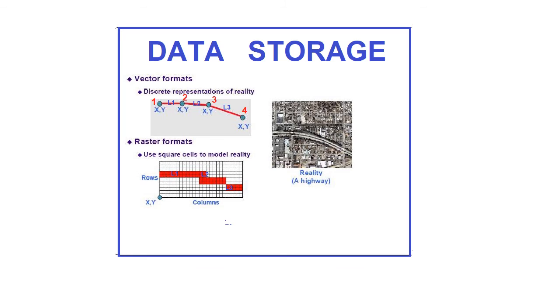And the bottom one, the raster format. This reality is represented by making graph paper, small square cells or pixels, to model real life. Vertically there are a number of rows, 1, 2, 3, 4 up to 10, 20, and at the bottom the number of columns keeps increasing.